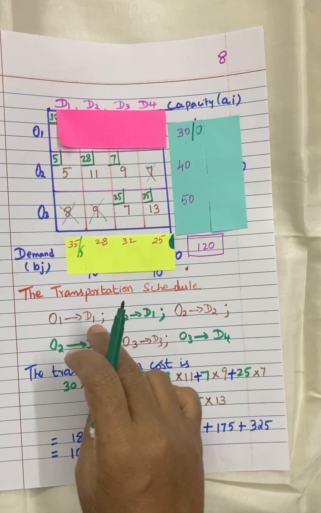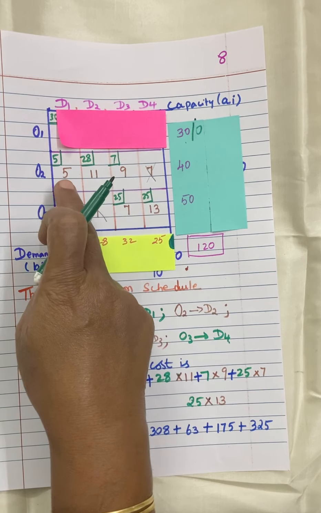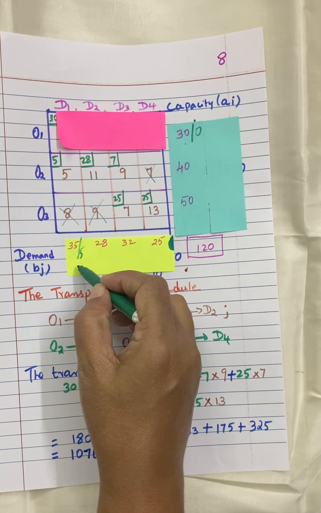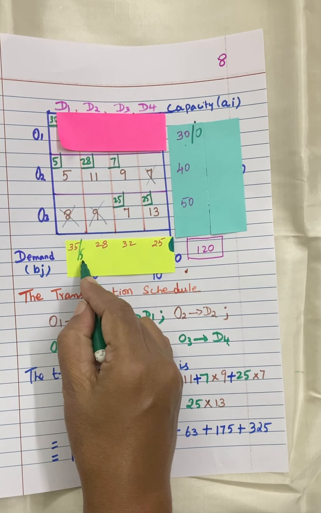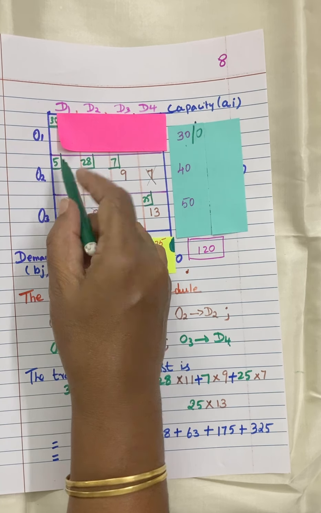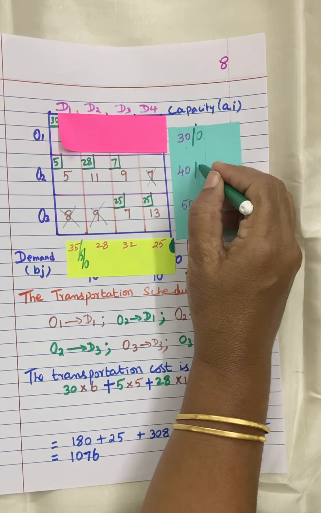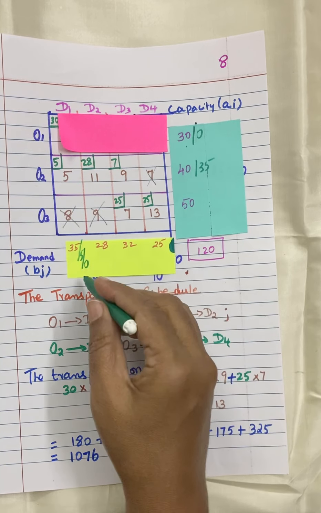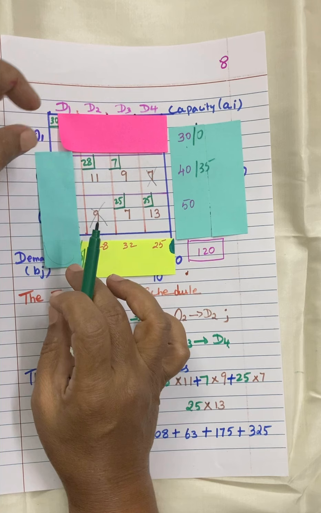The next one. Here I got this box. In this box, the northwest corner is 5. So see here the supply is 40, the demand here is 5. The lowest is 5. Assign 5. After assigning 5, you subtract 5 from here. Okay. Now which becomes 0? This becomes 0. So you leave this column.